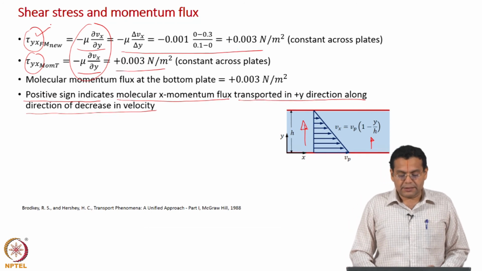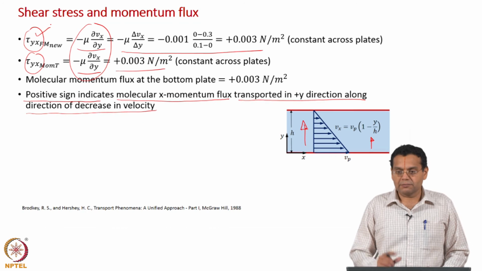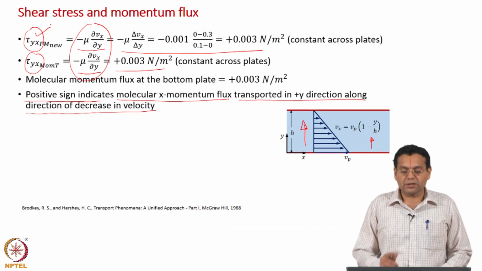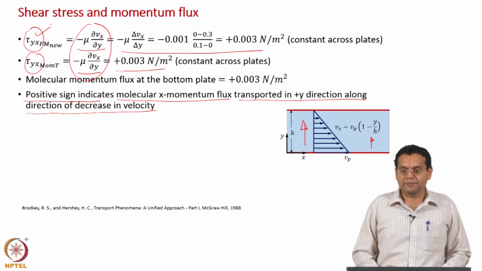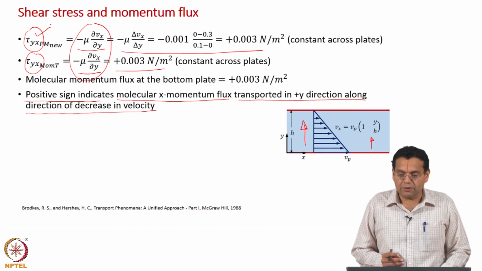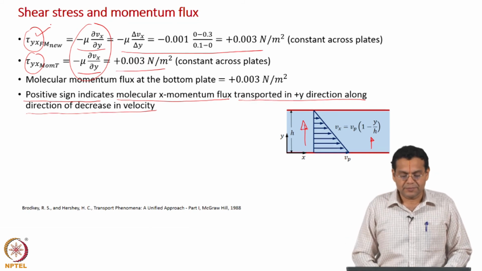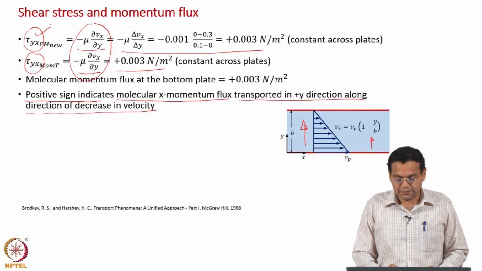See, the direction of momentum is x, the direction of transport is y. Like in the other case, the direction of force is along the x axis, the plane on which it acts is y. Here similarly the direction of momentum is x, the direction along which it flows is the y axis. So, in that way they are analogous. Okay. We will see more about this later as well.